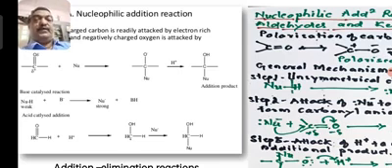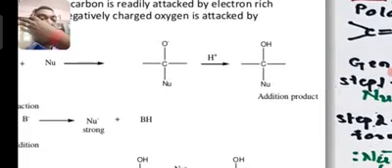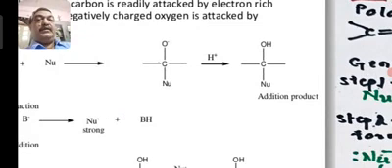Now when the nucleophile comes to the carbonyl group, carbon is positive and the C double bond O is minus delta. Here you can see the nucleophile attaches to the positive side, making two valencies with the nucleophile attached to the carbon, and oxygen becomes negative.